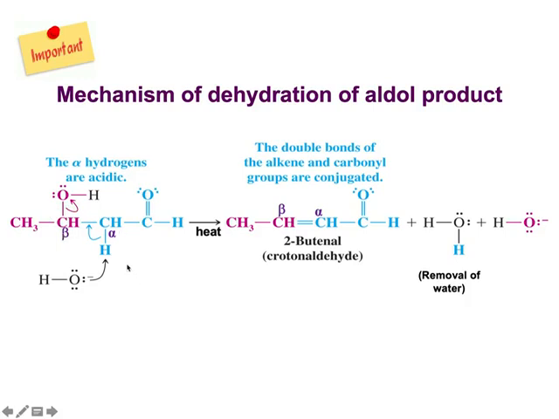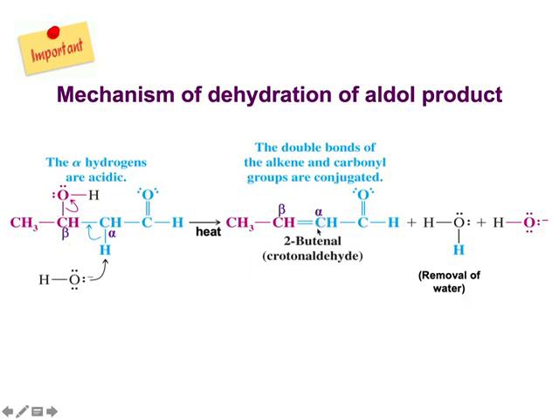Here is a very acidic hydrogen, which is why the base accepts the proton from here. So you get the end product, the alkene C double bond C, because we want to stabilize the product by conjugated enone.